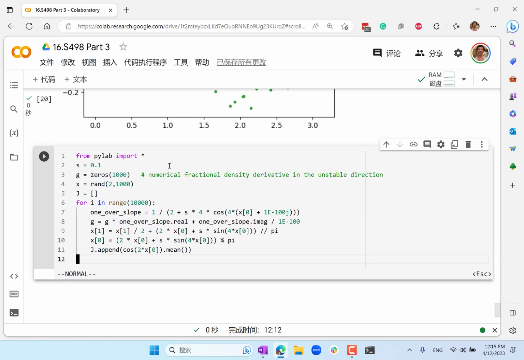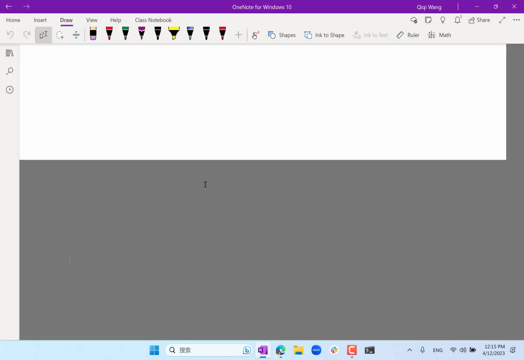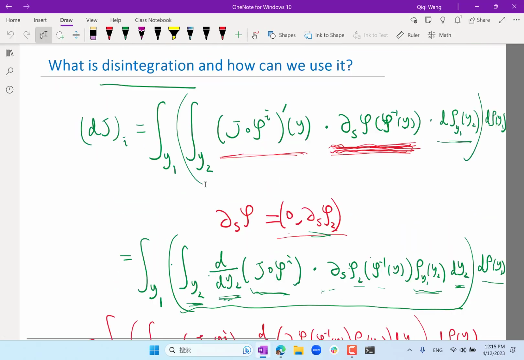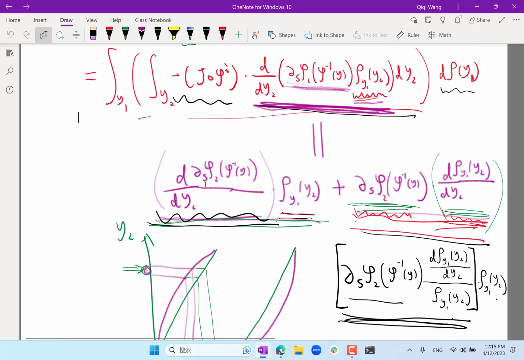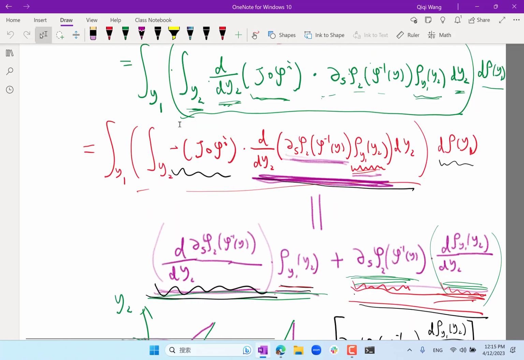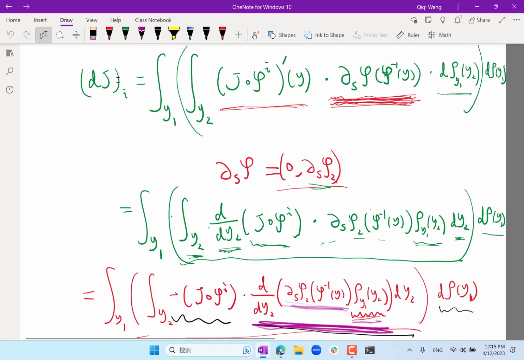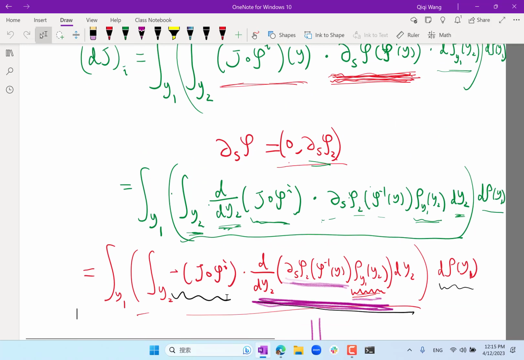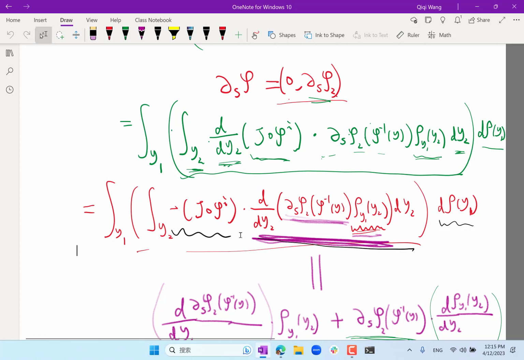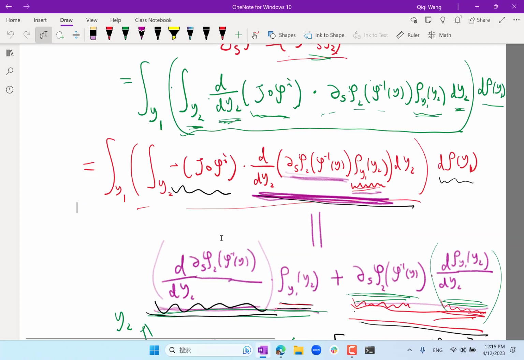Going back to Rao's formula, after the integration by parts, we have multiple terms. Each term is the product of a future objective function and one of these two.